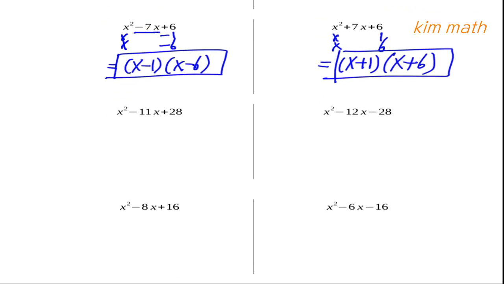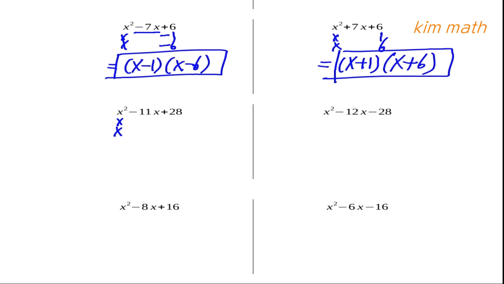Wow, a little bit bigger number, x and x. If you practice a lot, you can find the two numbers very quickly. Again, since this is our first time, I will show you all the trial and error. I will choose 1 and 28. It's not possible to make a -11, right?